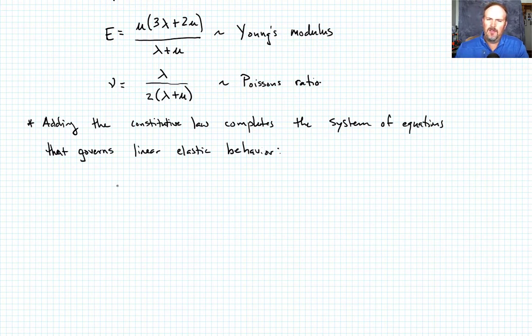Here's our set: sigma_ij,j plus rho b_i is equal to rho u_i double dot.